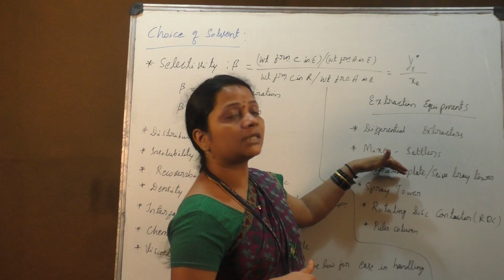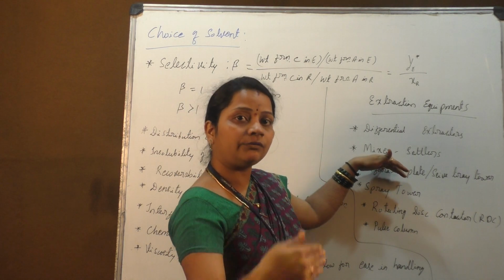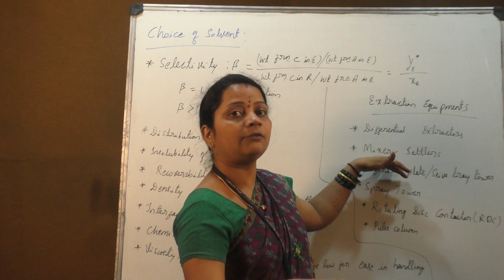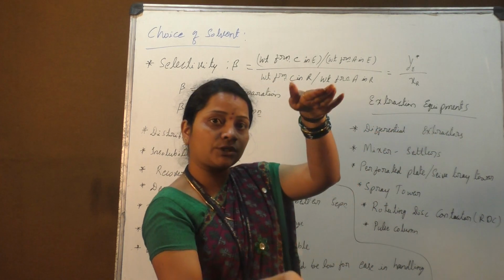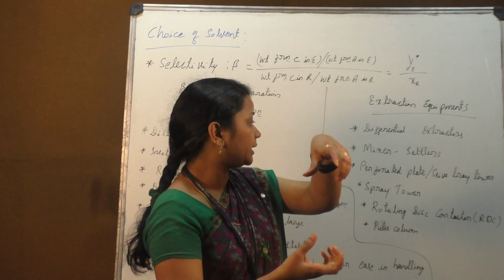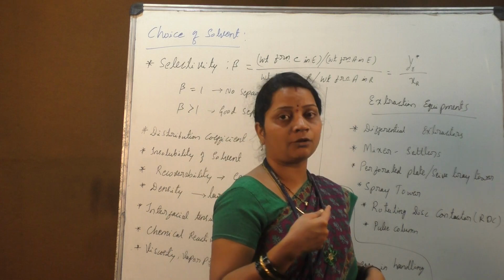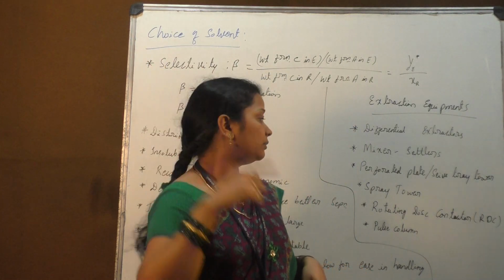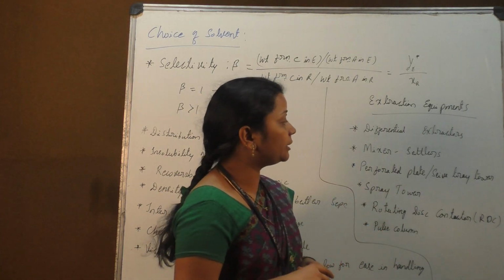Once the mixing is done and equilibrium is attained, you have to leave the solution to settle for a while. So in a mixer settler combination, two layers form, and once they are formed, the heavy component is taken out from the bottom and the extract is taken at the top. Then comes the perforated plate or sieve type.